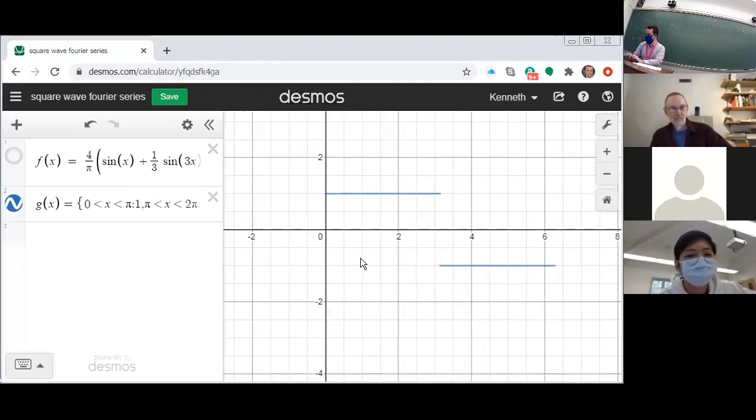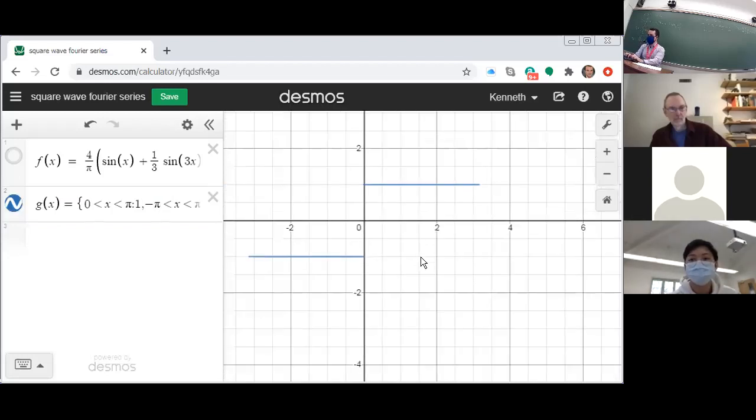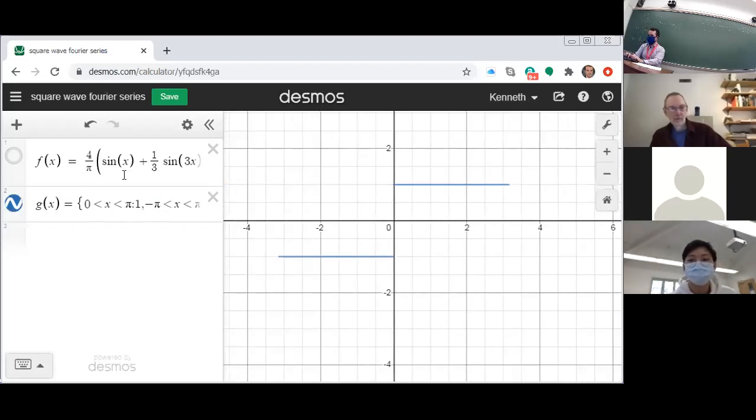Hopefully that's not too bad. Let me actually modify the domain so it goes from -pi to pi instead of 0 to 2 pi. Okay, so there's our setup.